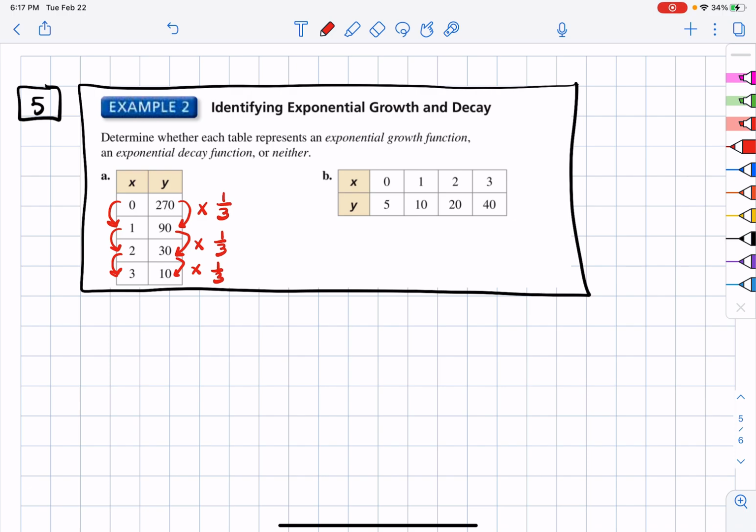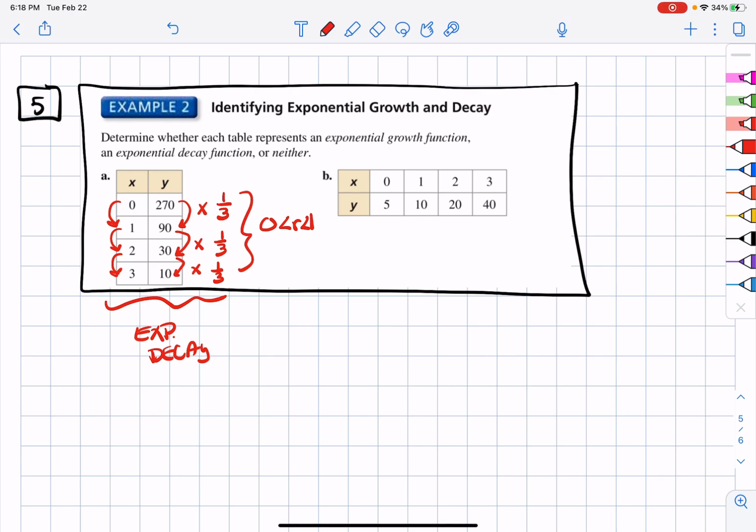So this table is going to represent an exponential decay function. So this is exponential decay, because that r value, the ratio that we're working with here, is in between 0 and 1, because we would be multiplying by a third.